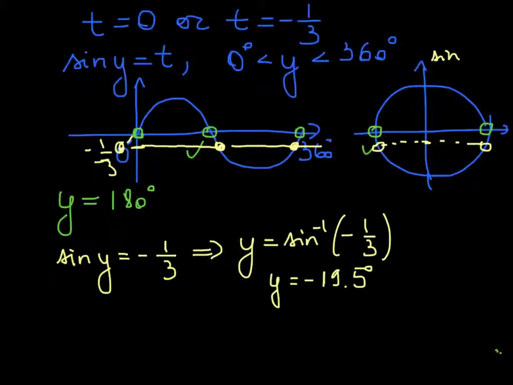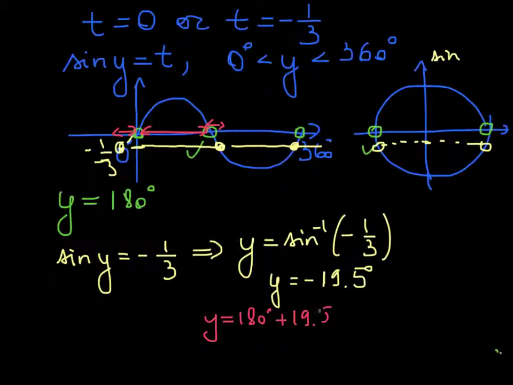Okay, if I look at the graph, because the distance between these 2 points is 180 degrees, and the distance from here to here is 19.5, it means that this distance will be 19.5 as well. So practically one of the answers is y equals 180 degrees plus 19.5 degrees.